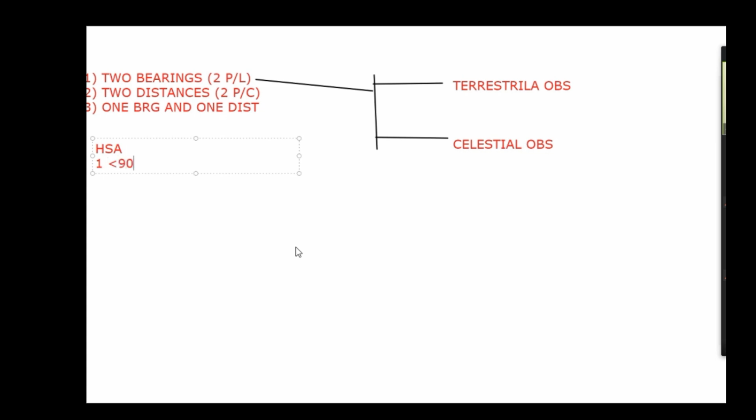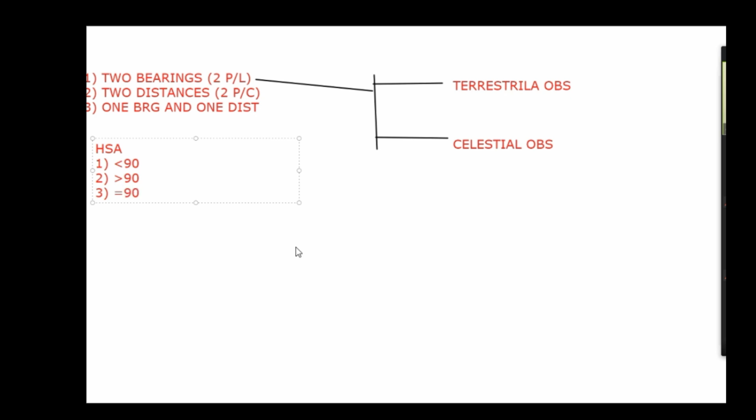Number 2, the HSA can be more than 90 degrees. So one by one we'll be discussing. Number 2, your HSA more than 90 degrees. Number 3, HSA equal to 90 degrees.